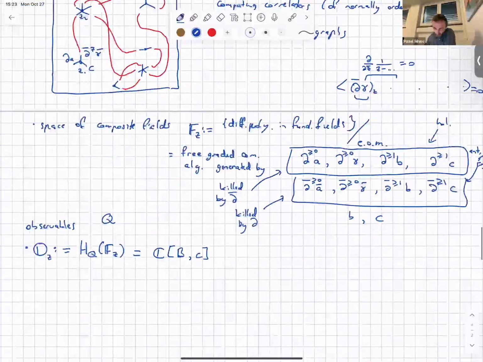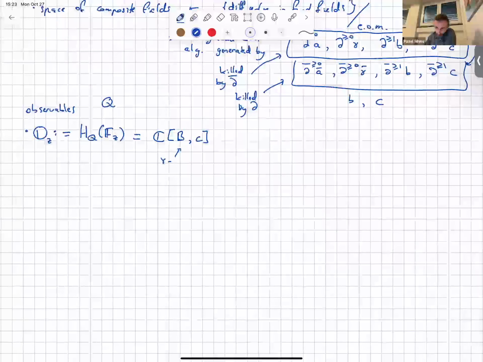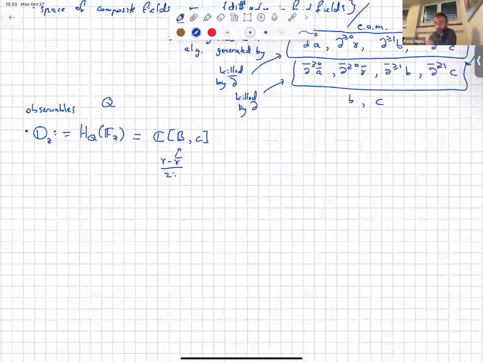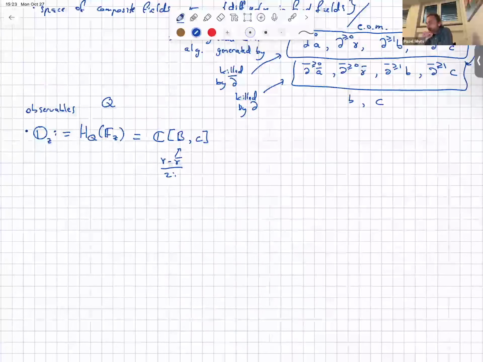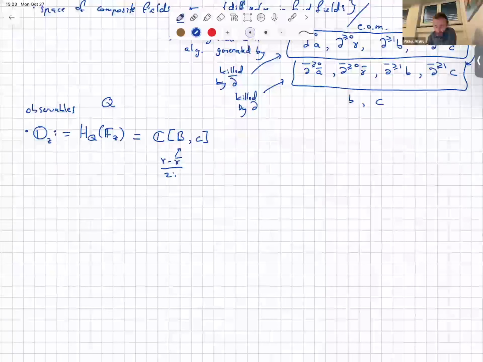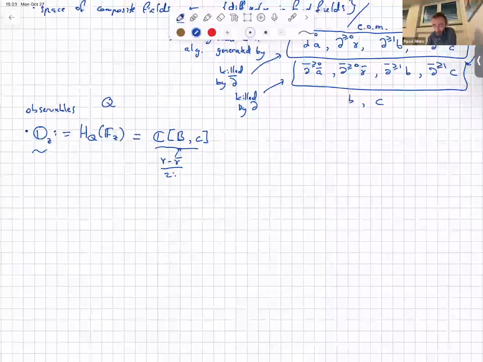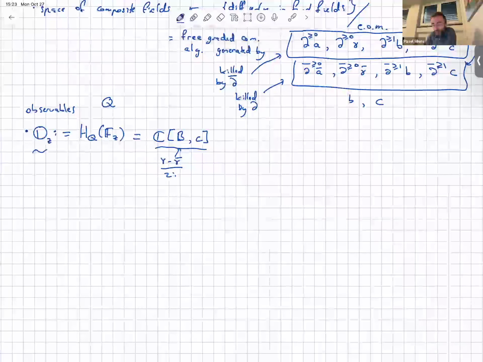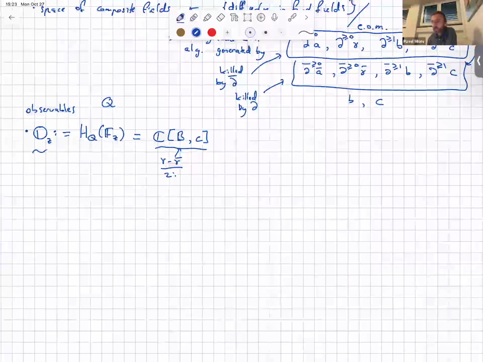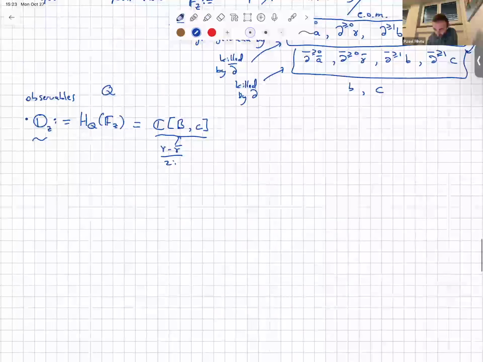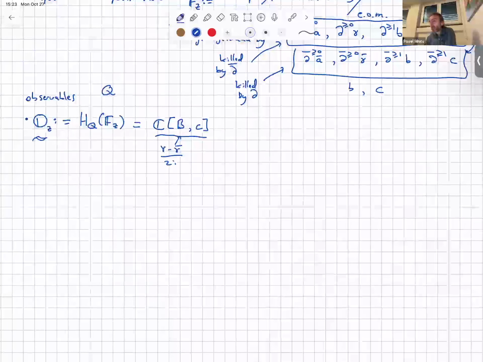So it's something like gamma minus gamma bar divided by 2i. Okay, so this is something that might be important depending on whether I will actually have time to talk about the TCFT structure here. But okay, so these are the Q-closed observables of the theory.